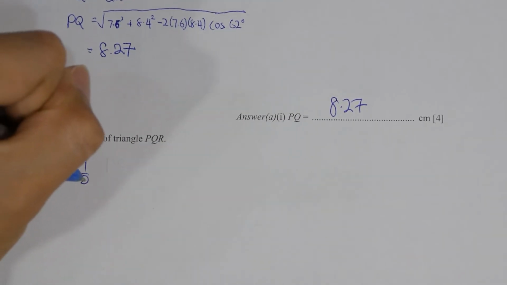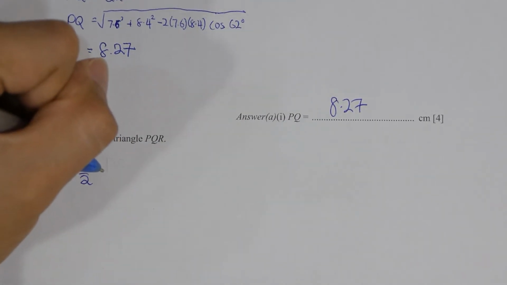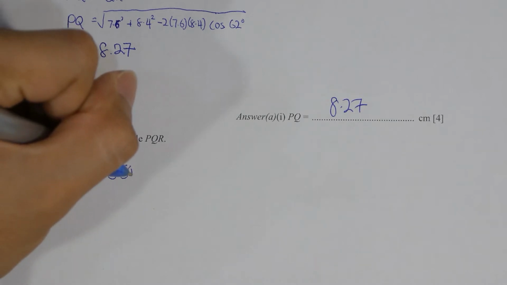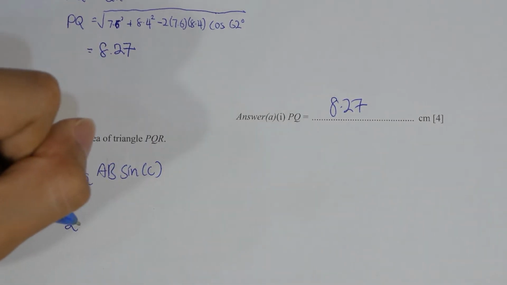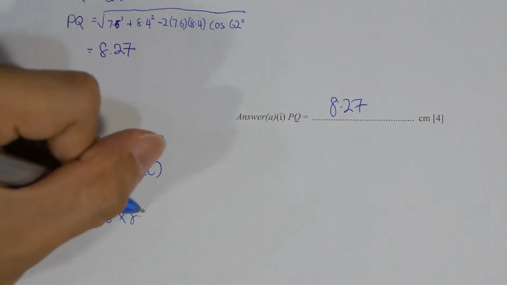As for part 2, simply calculate the area of the triangle using half ab sine C. So the result will actually be 28.18.